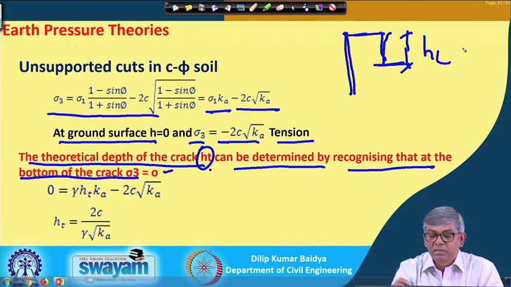So Ht, at this depth, sigma 3 will be 0.